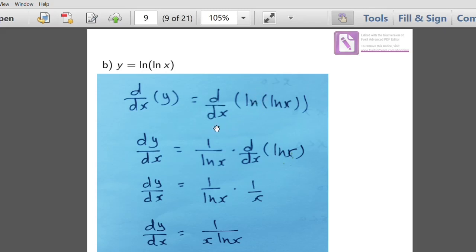So it will be 1 over what is inside the ln, which is ln x. We multiply by the derivative of this bracket, so the derivative of ln x. So we have 1 over ln x multiplied by the derivative of ln x, which is 1 over x. So we conclude dy over dx is equal to 1 over x ln x.